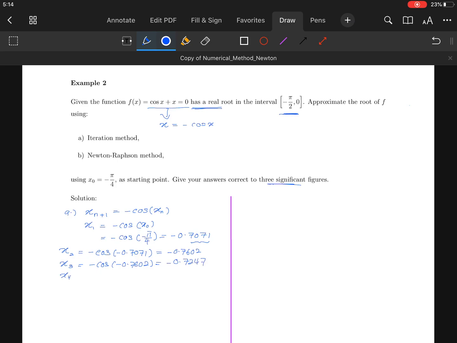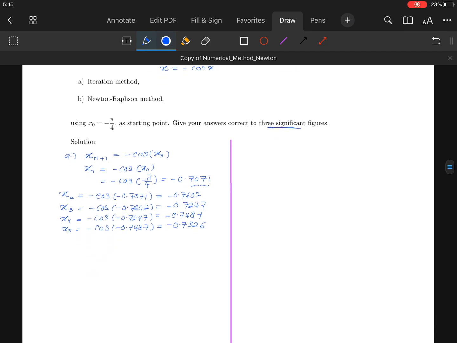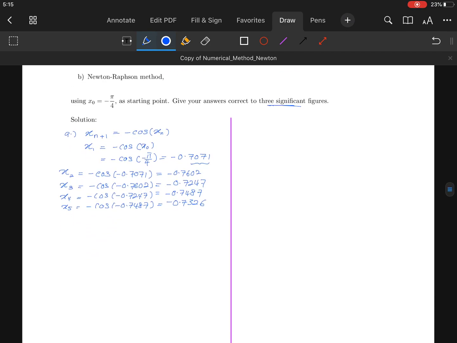For x4, you substitute the value 0.7247 and you will get negative 0.7487. For x5, cos of negative 0.7487 will give you negative 0.7326.